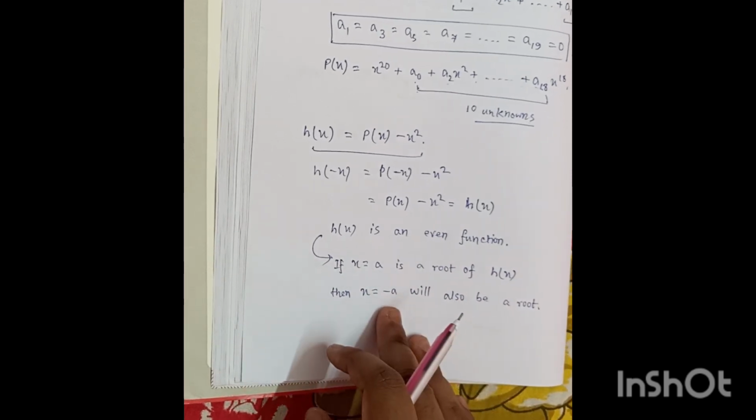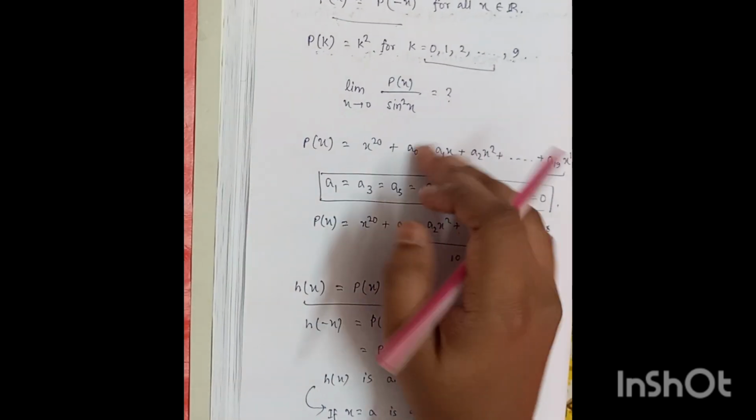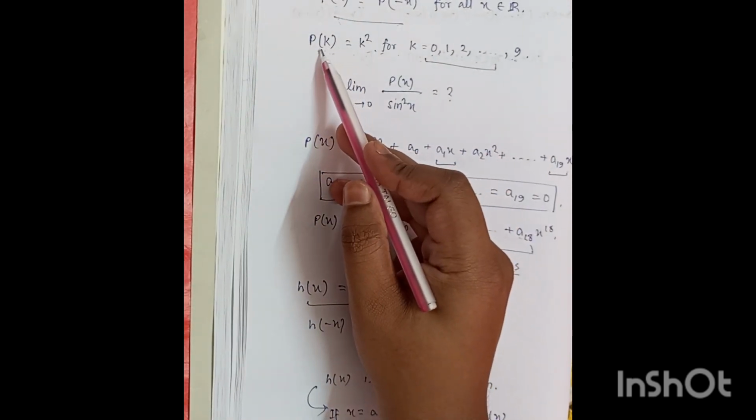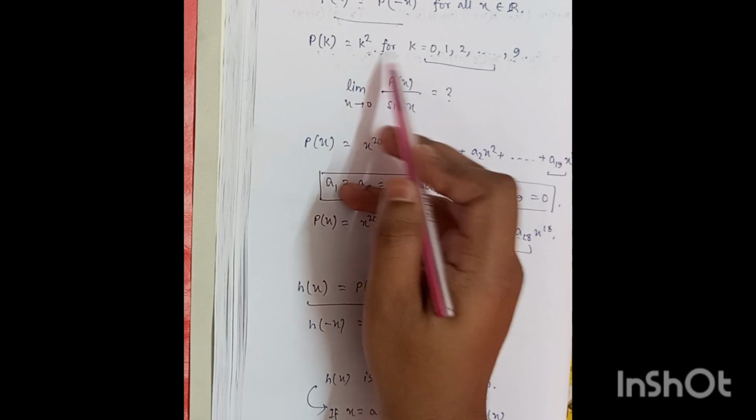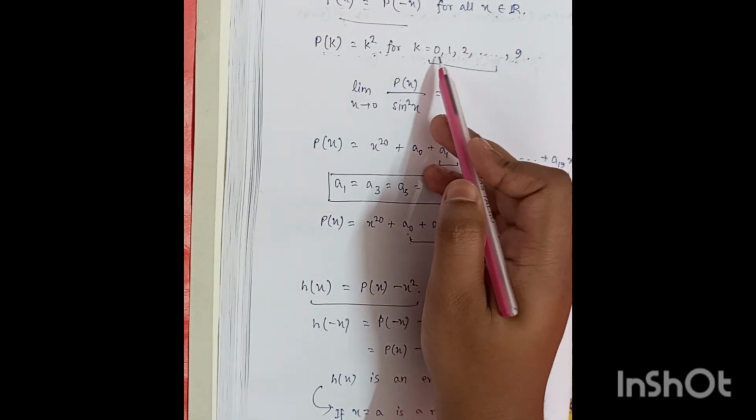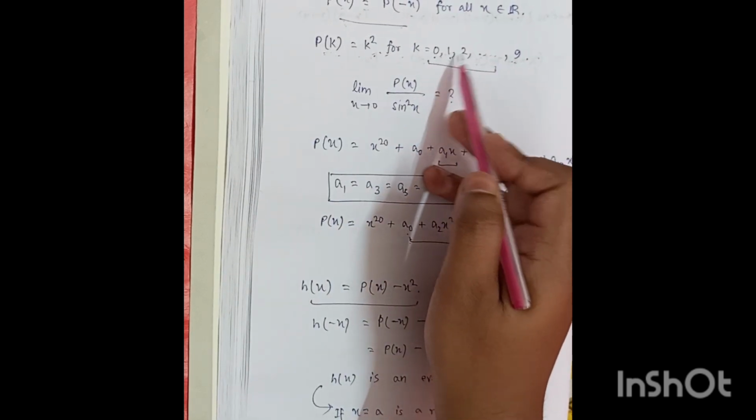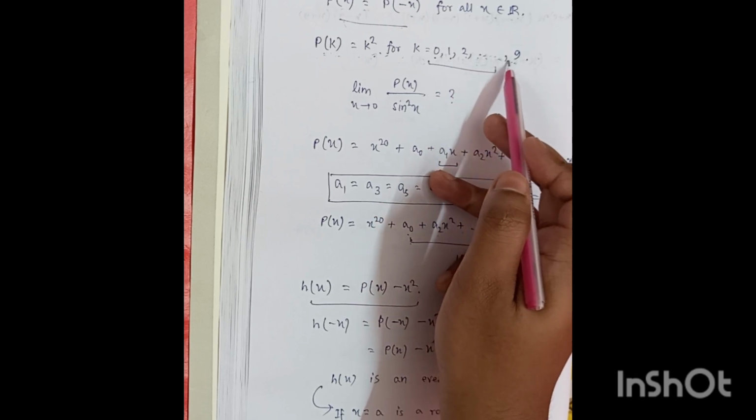So if we try to find h(x), we see that h(x) is a polynomial whose roots are x equal to 0, 1, 2, 3, 4 and so on up to 9. That means x equal to 0, then x equal to minus 1, minus 2, minus 3, minus 4 and so on up to minus 9 will also be other roots of h(x).